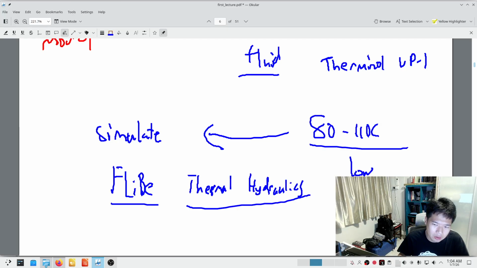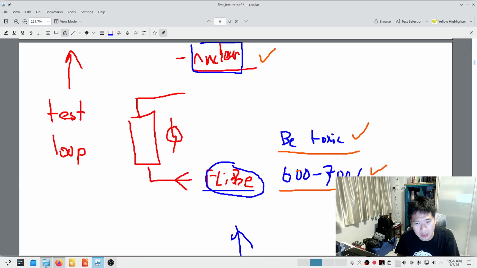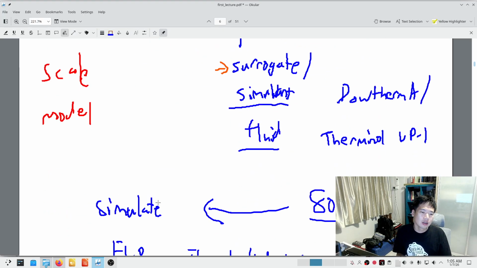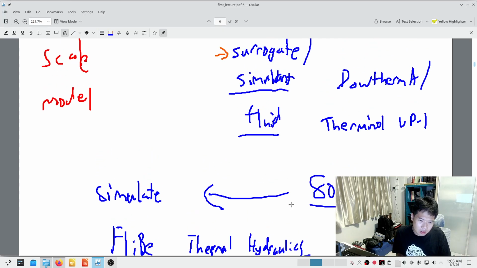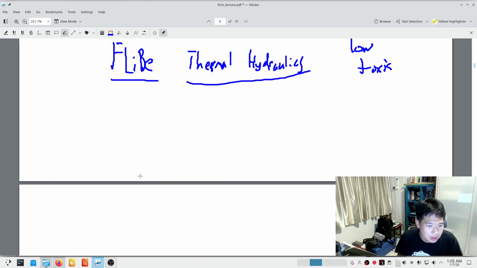I mean, this oil is still somewhat toxic, but you don't have to worry about the high temperature or the beryllium toxicity. So this was why Dowtherm A or Therminol VP-1 was used in the very early stages.